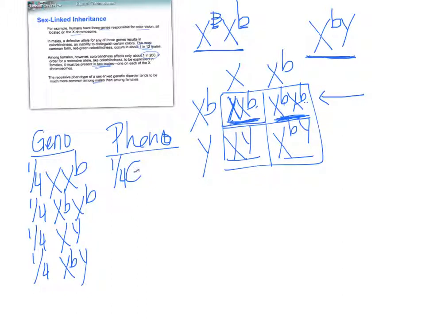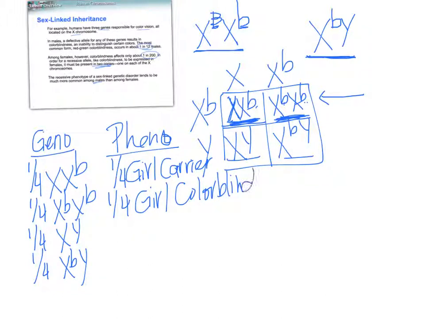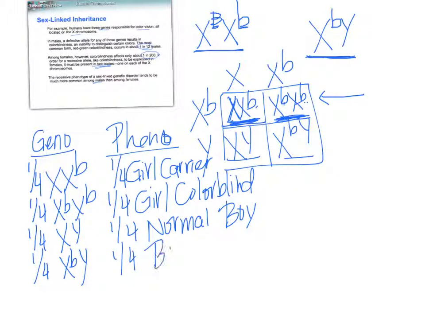You would have a 1/4 chance of having a girl who's a carrier. That's in that first box. There'd be a 1/4 chance of having a girl who is colorblind. There's a 1/4 chance of having a normal boy. And there's a 1/4 chance of having a boy who is colorblind.